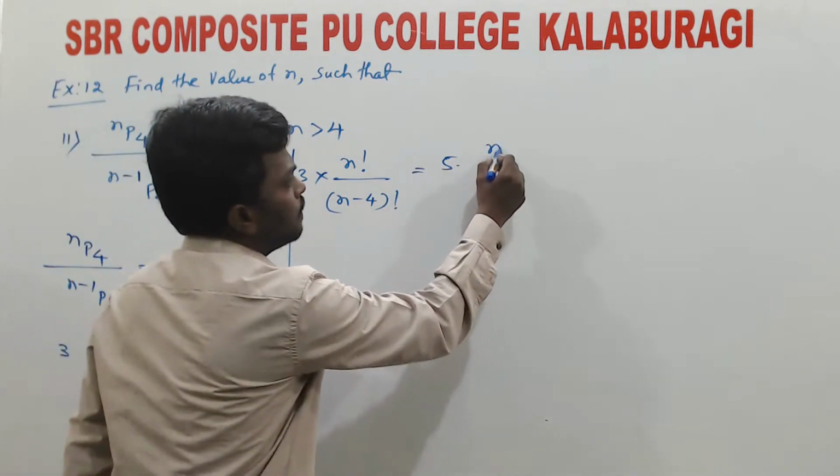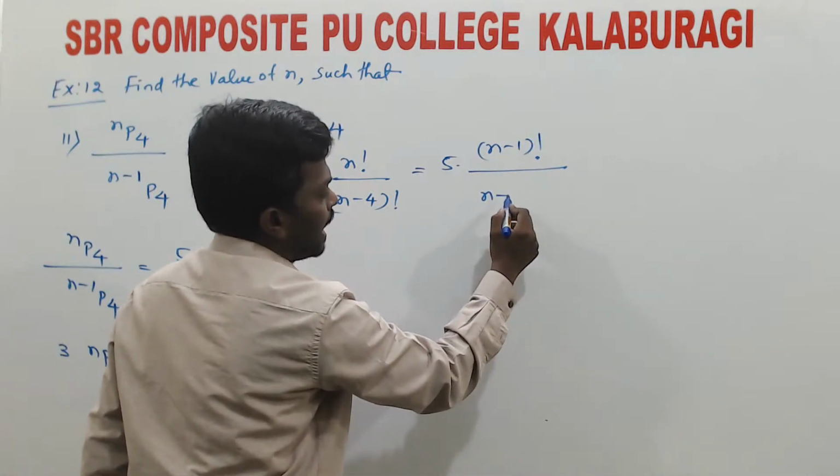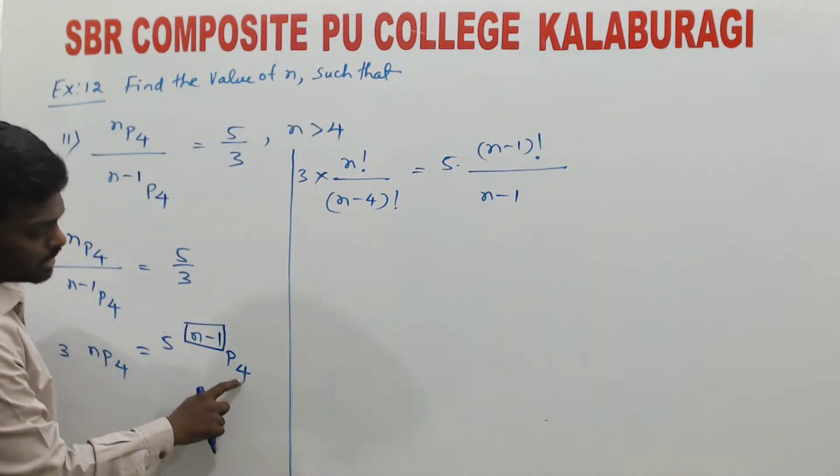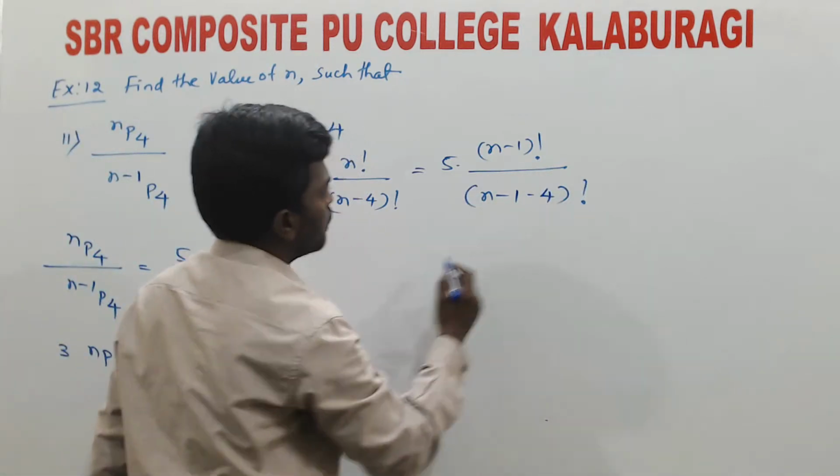So (n minus 1) factorial whole divided by (n minus r) factorial. So what is r here? Minus 4. Okay.